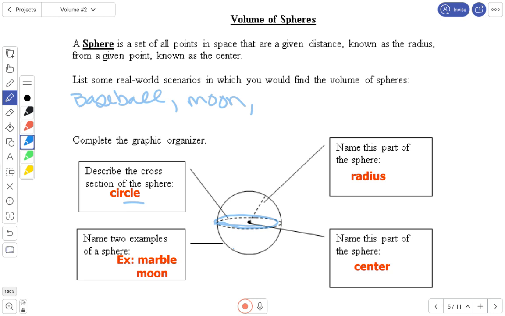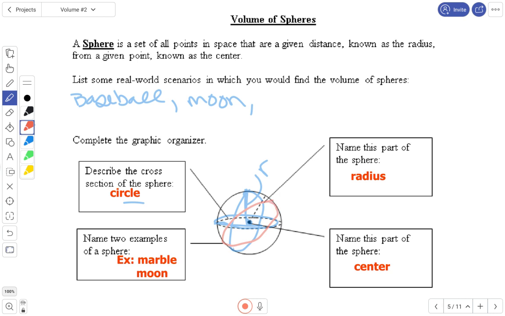This would also be a cross-section of your sphere. You have that circle that's going from one side to the other. You still have a center point, and you still have the radius from the middle to the outside of that sphere. Okay, you can do that in any section of your sphere.